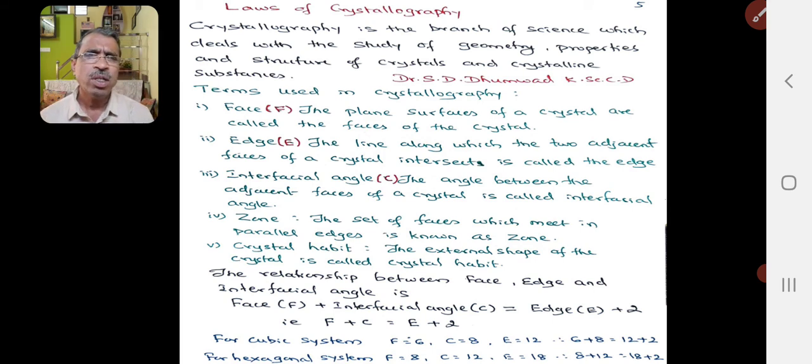You have 6 top and 6 bottom, so 12 corners are there. And then how many edges? The 6 edges at the top, 6 edges at the bottom, and these two are connected by 6. So totally we have 18 edges. Therefore, 8 plus 12 is equal to 18 plus 2. This is how the relation holds good.